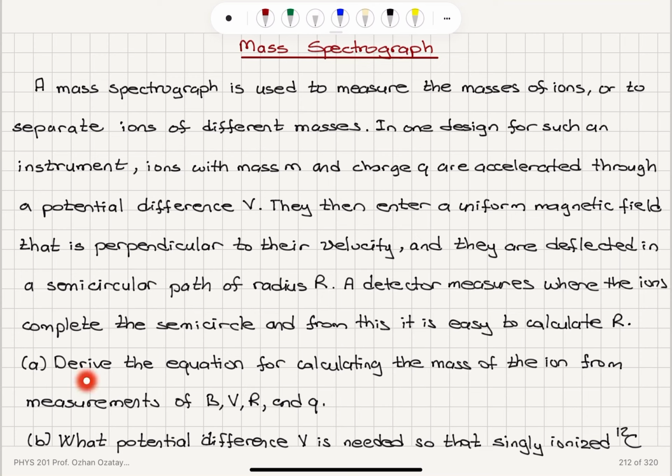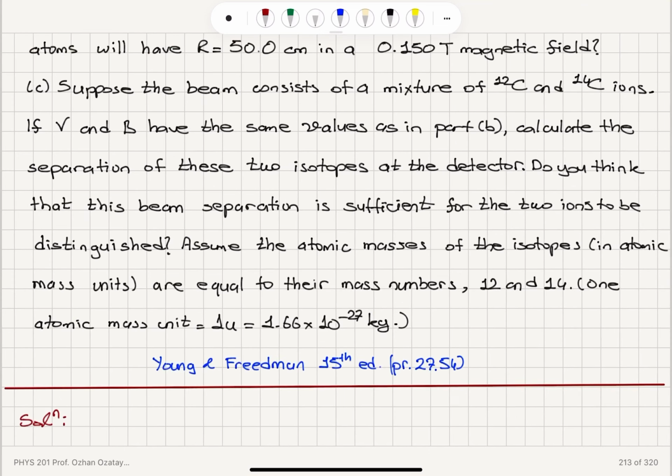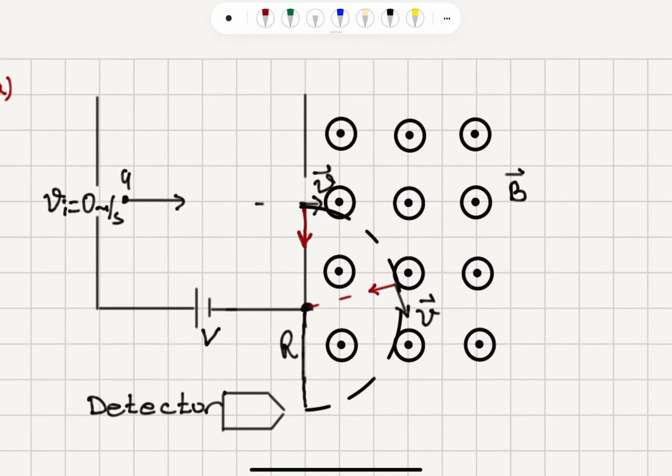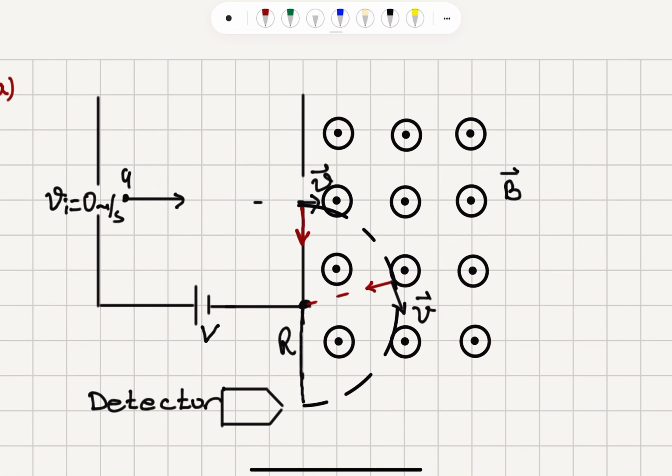Part A: derive the equation for calculating the mass of the ion from measurements of B, V, R, and Q. So in this design, we have this charged particle, charge Q, that is entering with zero initial velocity this region with a constant electric field.